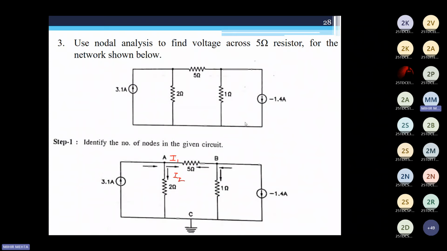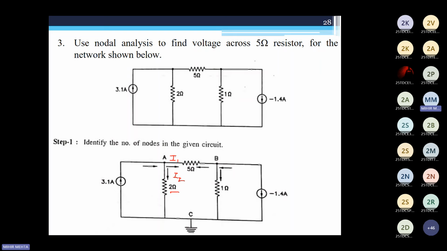Okay, fine. So let's move ahead. Since I1 plus I2, now I want to write this current in terms of voltage. So I can write VA minus VB, that is the potential in this particular branch, VA minus VB divided by the resistance 5 ohms would give me my current I1. Similarly, the current I2 is voltage VA minus voltage VC, that is the voltage in this particular branch across the 2 ohms resistance, divided by the 2 ohms resistance.